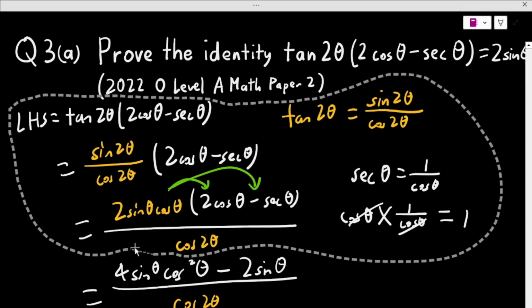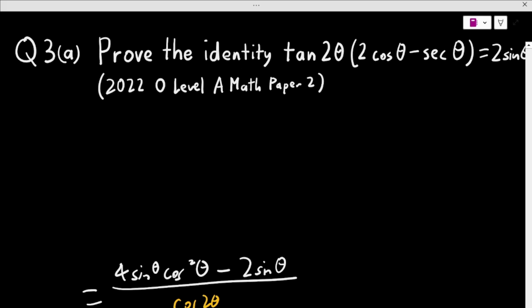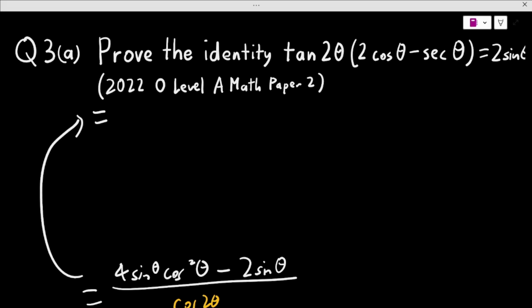Okay. From here, it seems like it's still a bit complicated. We can probably simplify our fraction a little bit more before we try to continue. So let's factorize it. We can see that from the numerator there's a common factor of 2 sine theta. So it's going to be 2 cosine square of theta minus 1.